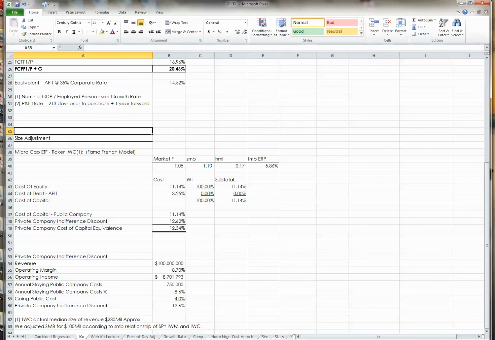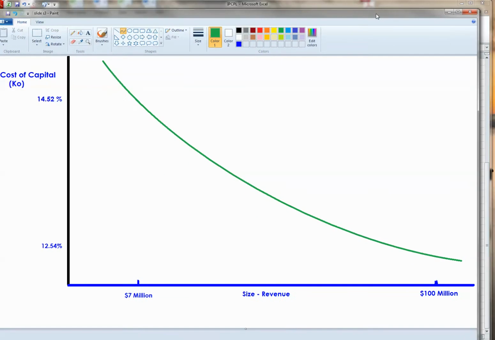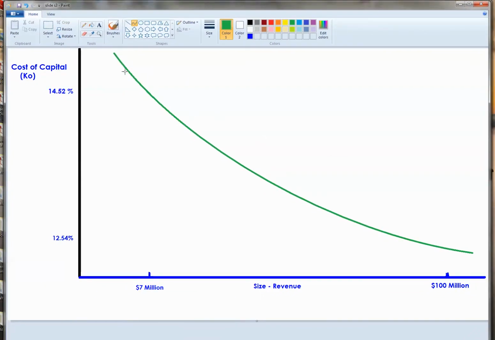So the question becomes, what is the shape of that line? We strongly believe that the shape of the line is not a straight line, it's a curved line. Two reasons why. As you take large privately held companies and make them very small, the smaller they become, the more unsystematic risk. They have fewer products, fewer regions, and so forth.